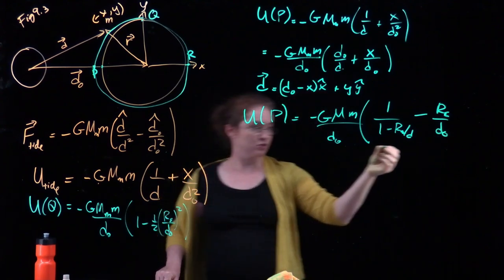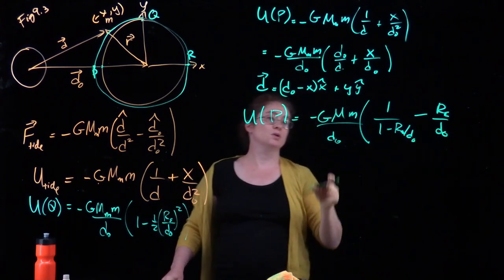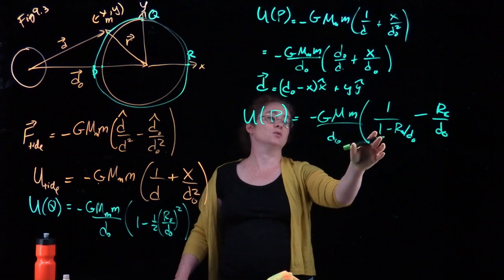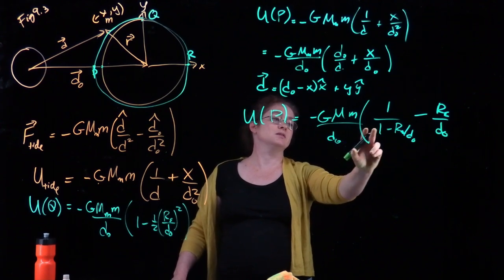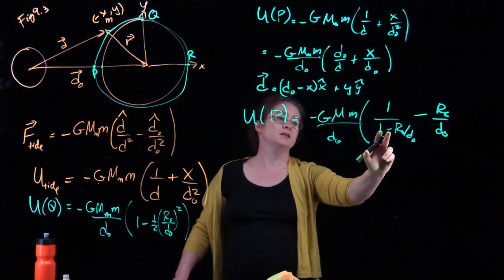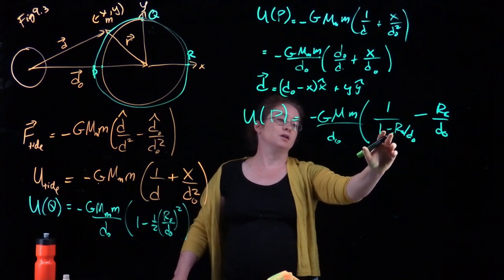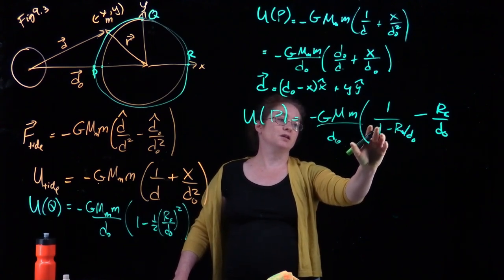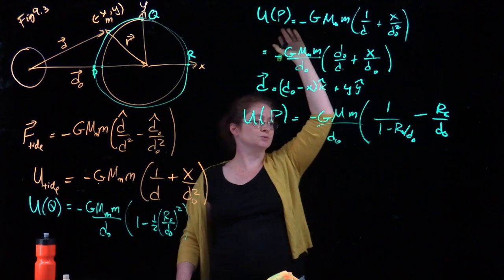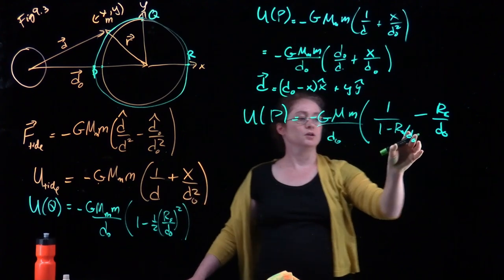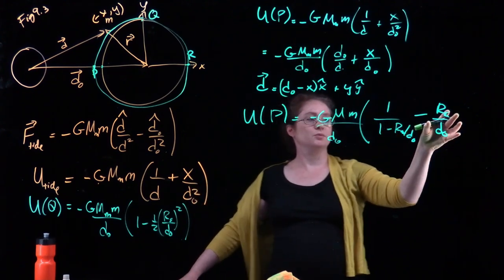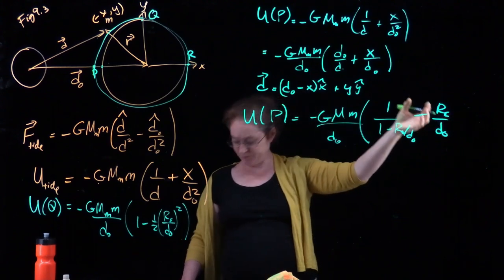Let's see, this should be d naught. So d is d naught minus, d is re minus d naught. So here, this is this term, this is this term.